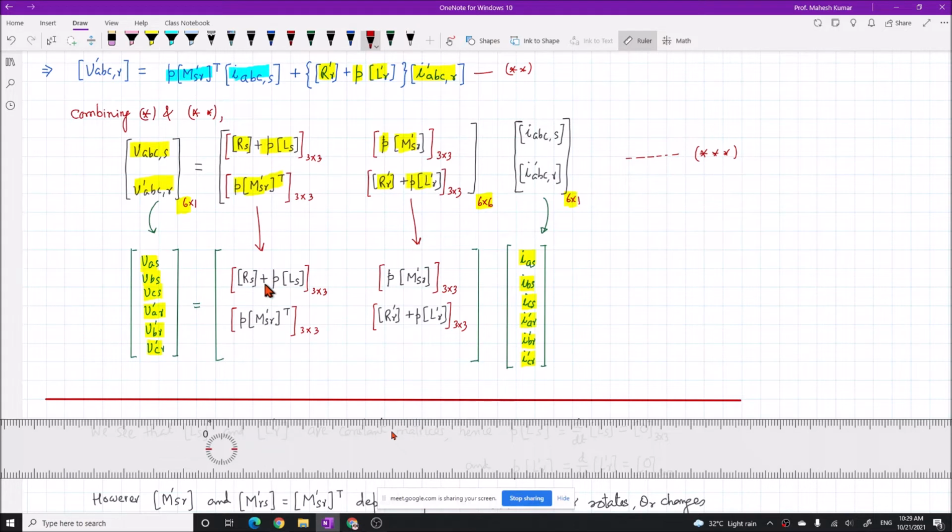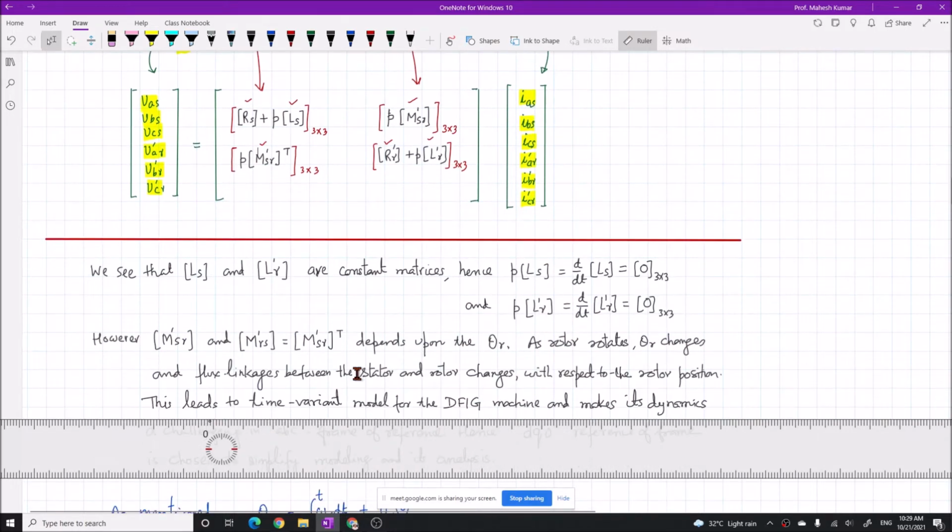And you already know what the elements are: the nature of Rs, R_R', Ls, L_R', then M_SR' and M_SR' transpose. So this is the overall representation in matrix form.